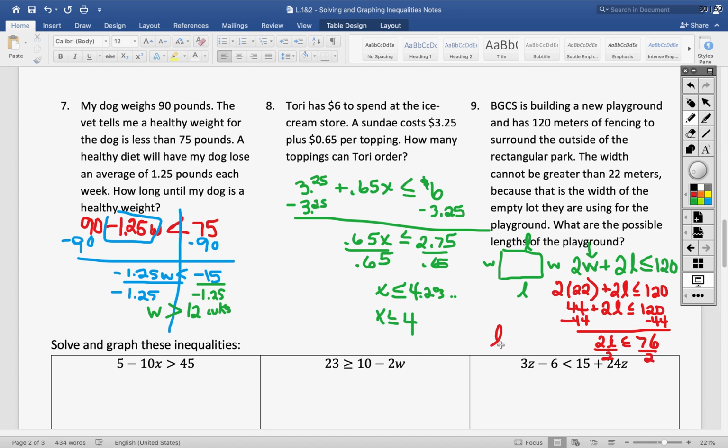So the length has to be less than or equal to 38 meters. It says, what are the possible lengths of the playground? Less than 38 meters.